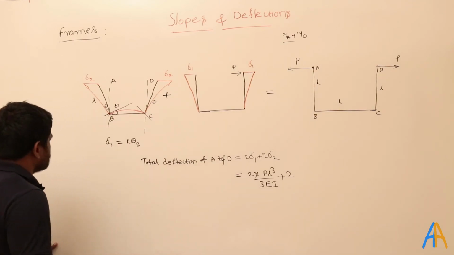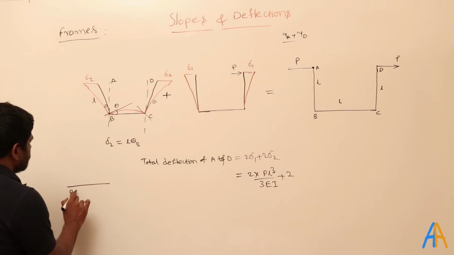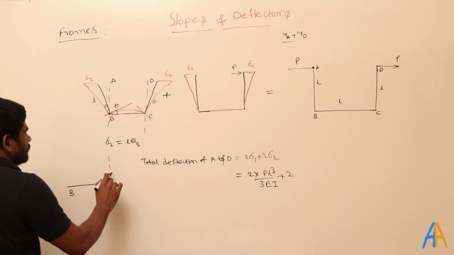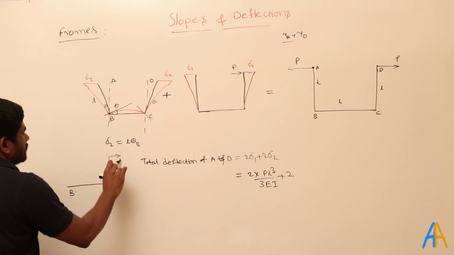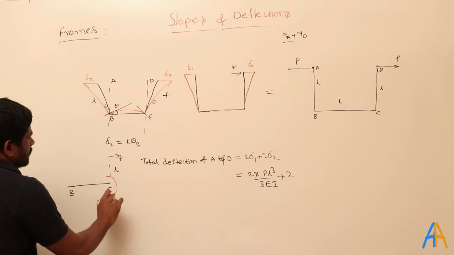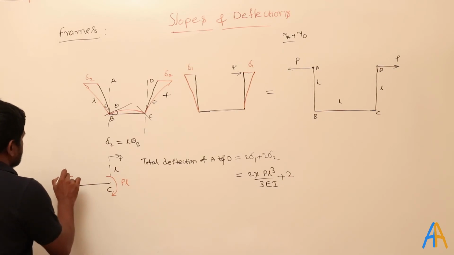I need to find out the BC portion. For this BC portion, because of this lever, P is acting like this, at a distance of L, so the moment acting here is PL, and here also there is a moment acting, which is also PL.